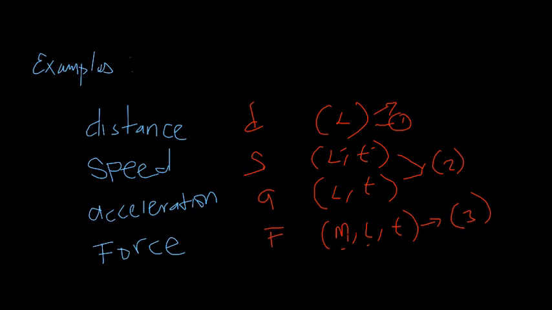So the units of these derived physical quantities are also referred to as derived units. So the base units are for base physical quantities, and the derived units are for the derived physical quantities.